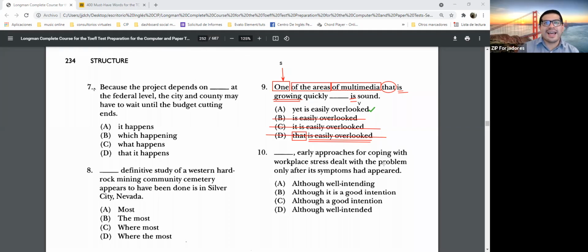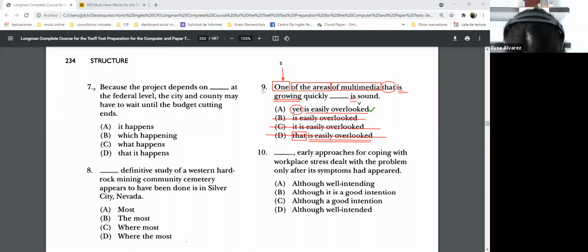Then letter A can be, because we have a connector that is "yet", an adverb connector, and we have a verb that is "is easily overlooked". But we don't have a subject. Well, that means that it is reduced.